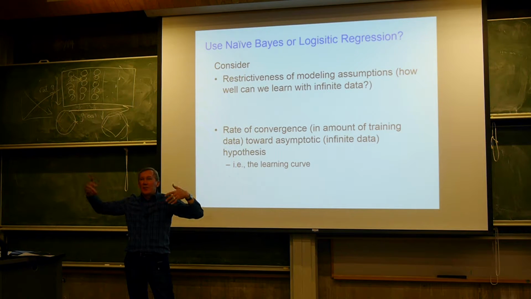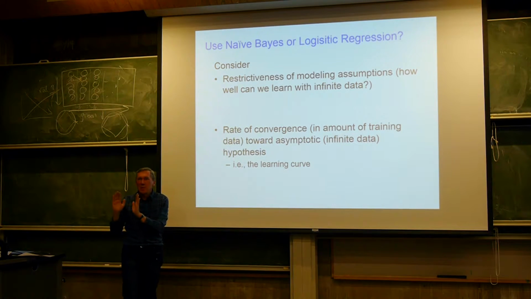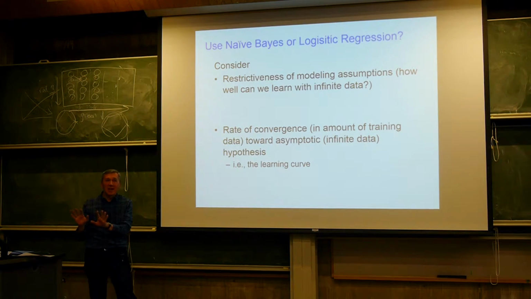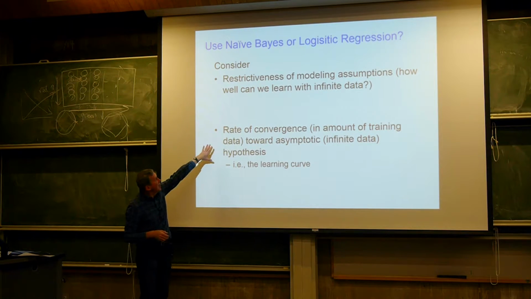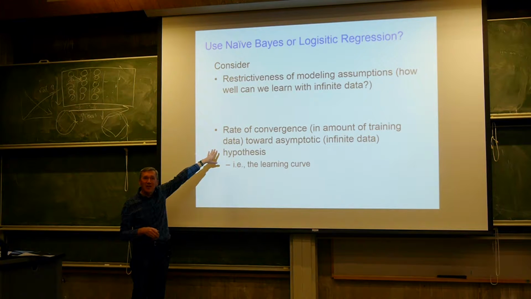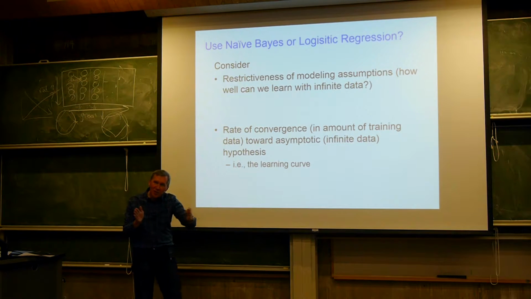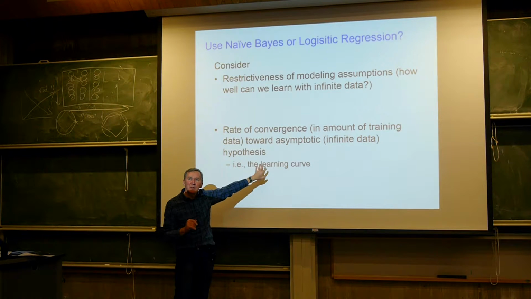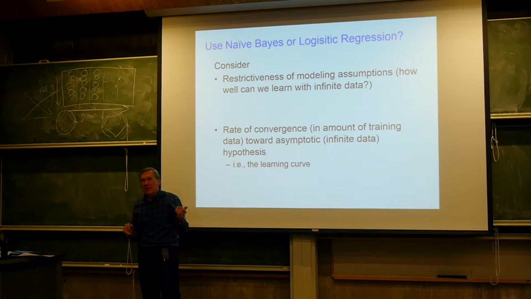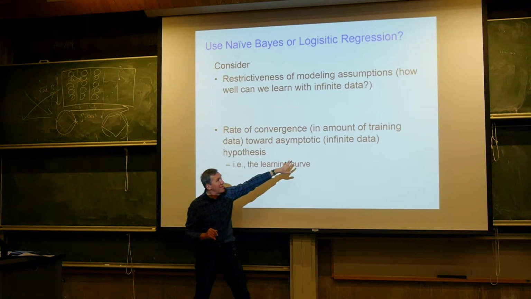It can't learn what it can't at least represent, and that might limit what it can learn even with infinite training data. The other dimension is the rate of convergence: how quickly, as the amount of training data grows, do these two algorithms approach their asymptotic infinite data solutions?